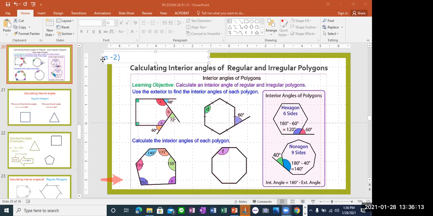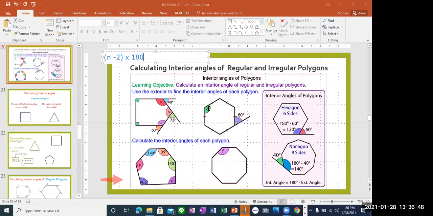That is how you calculate the angles for any regular polygon.